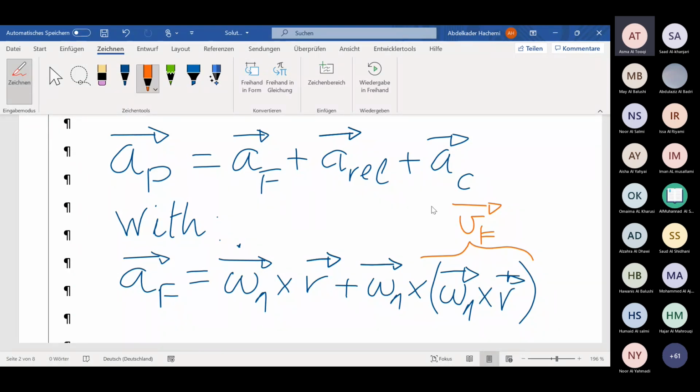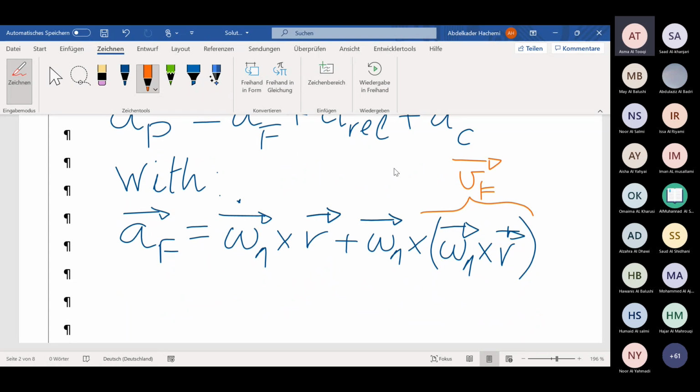Okay, then it means these terms here will be equal to 0. Then we have only the second term here.